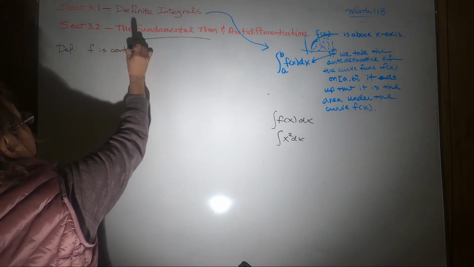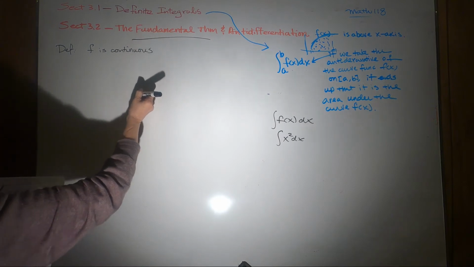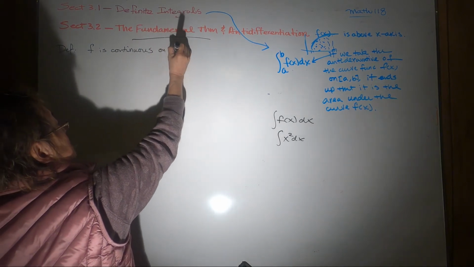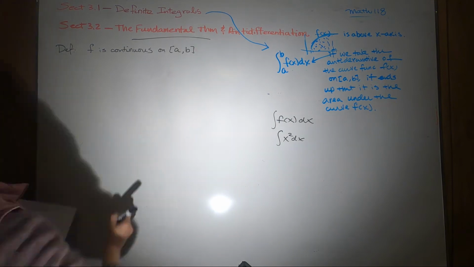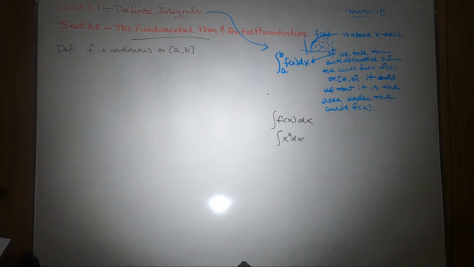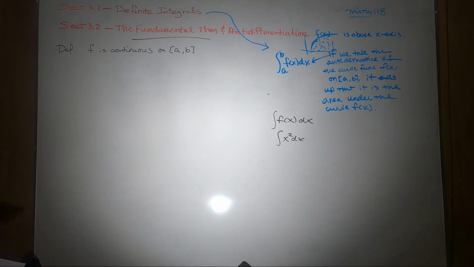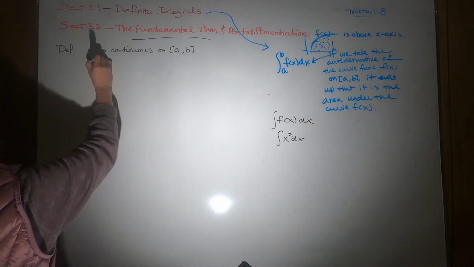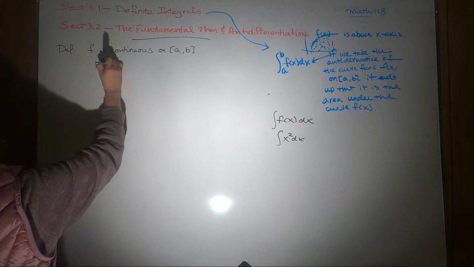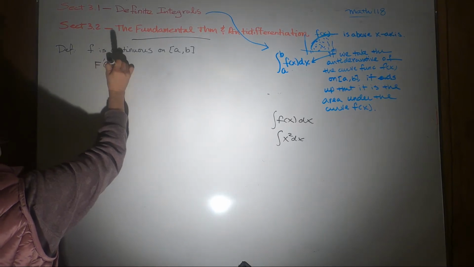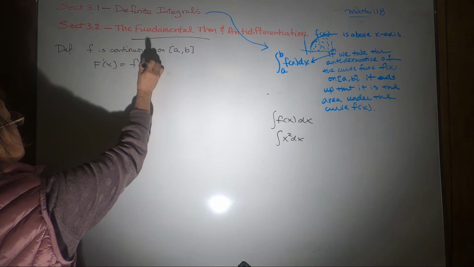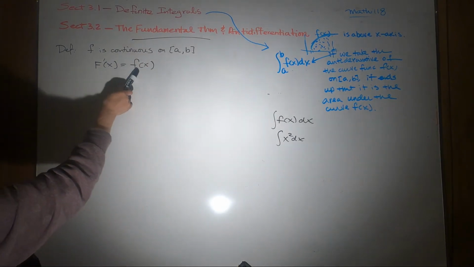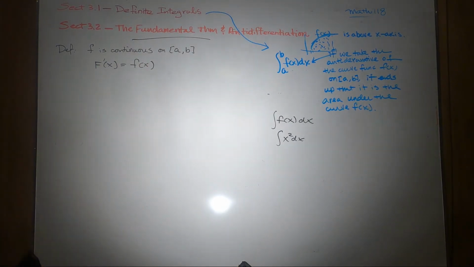That's why we learn what kind of things are continuous, otherwise we don't do this. If f is continuous on this interval, and F is an antiderivative of f, that means if you take the derivative of F, it becomes f of x. So F of x is an antiderivative of f.